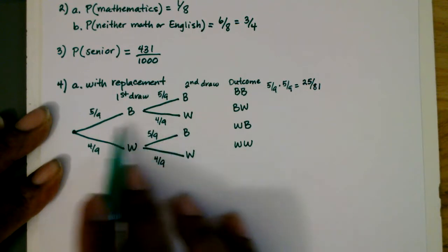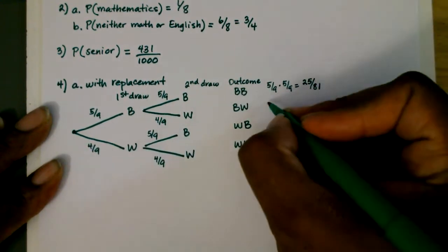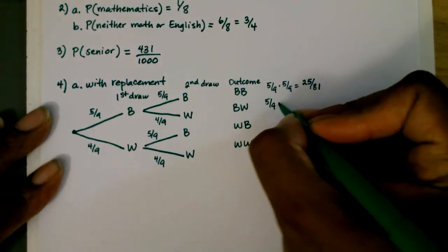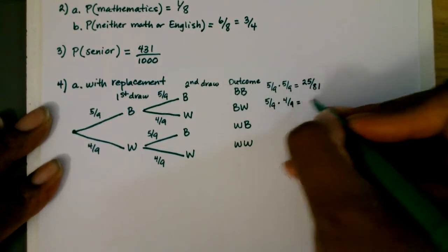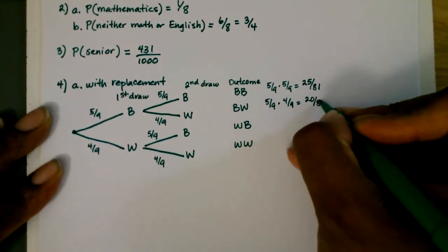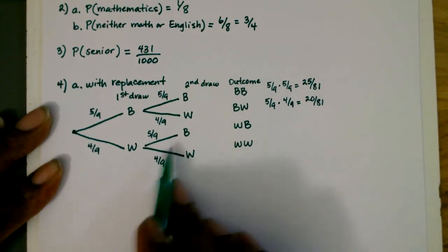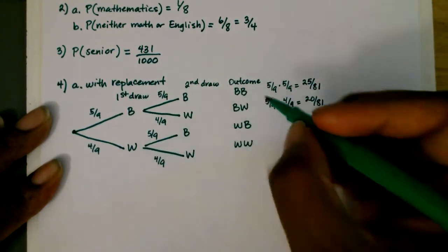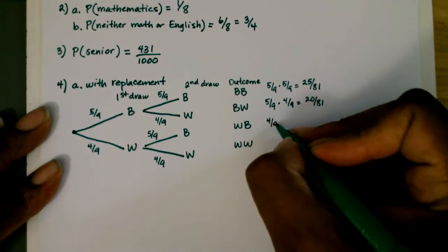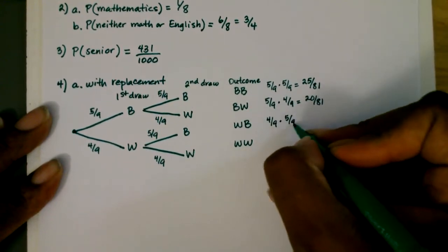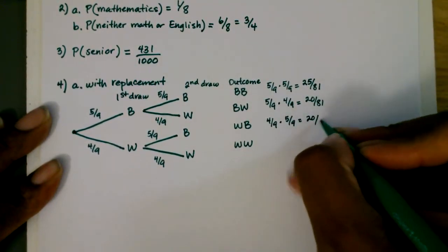And then a black and a white, 5/9 times 4/9. That will be 20 over 81. And then a white and a black, 4/9 times 5/9. That will also be 20/81.